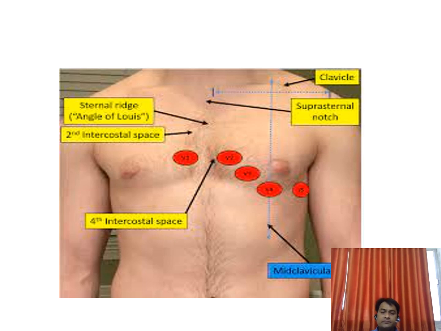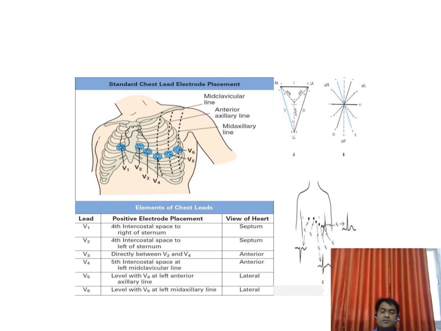V3, the active electrode is kept between V2 and V4. V5, the active electrode is kept at the anterior axillary line in the fifth intercostal space. V6, the active electrode is kept in the fifth intercostal space at the mid axillary line.